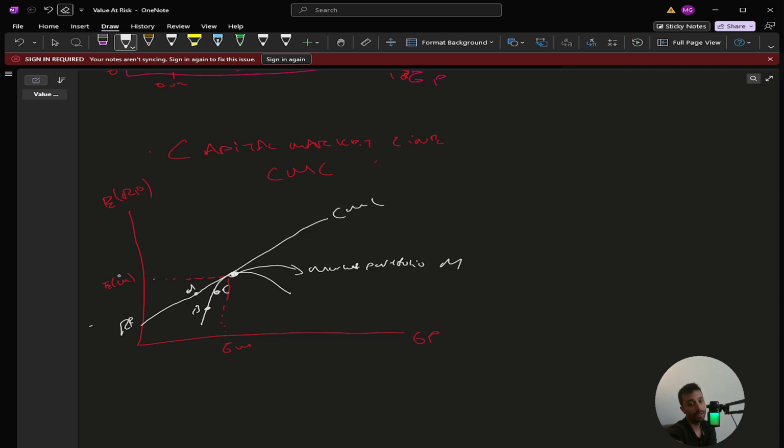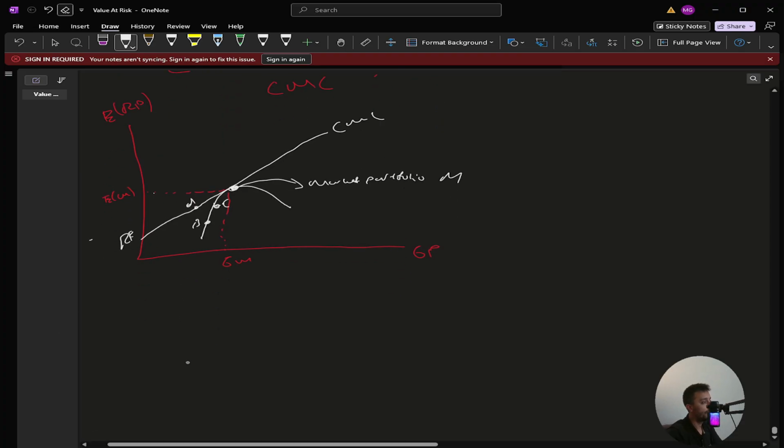Homogeneous expectations, because the capital market line is really about only variance, standard deviation, and covariance, correlation. There will be only one tangency line, which refers to the capital market line here, and only one tangency portfolio, which by definition becomes the market portfolio.